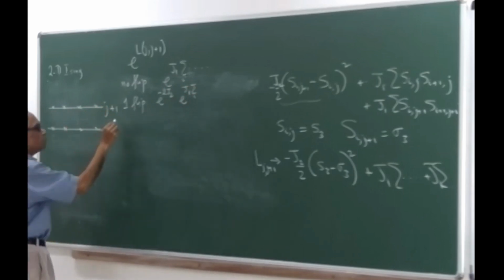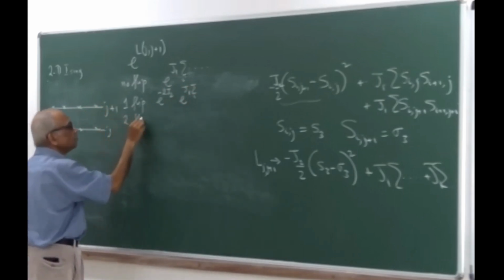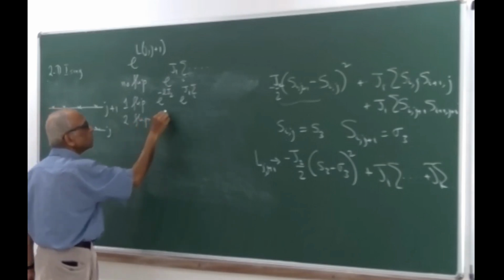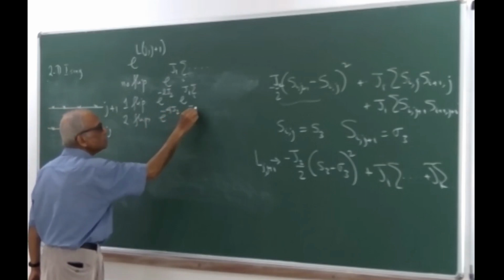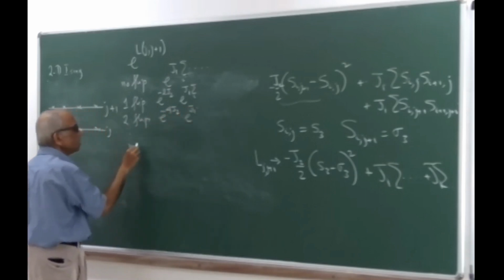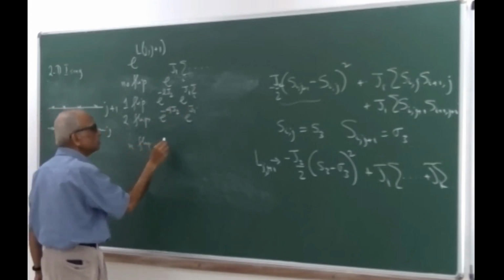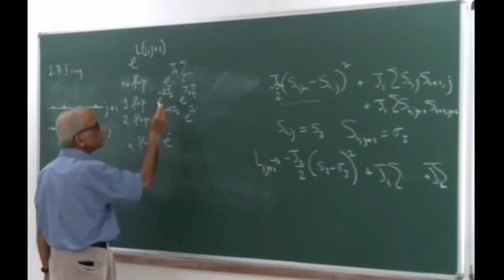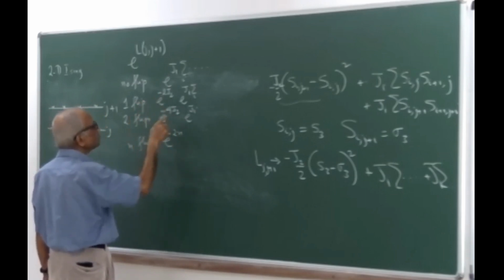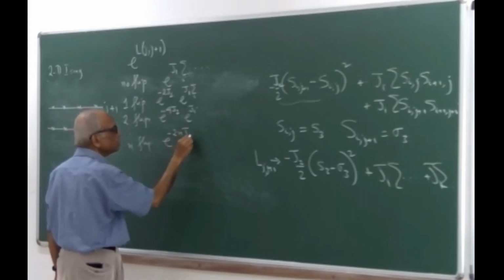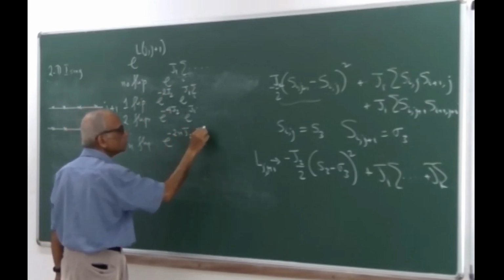And two flips would mean e to the power minus 4j2, and then all these over here, and n flips would be e to the power minus 2n j2. One flip 2, two flips 4.